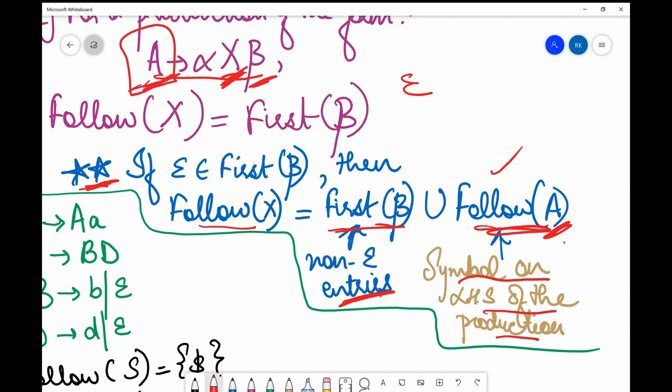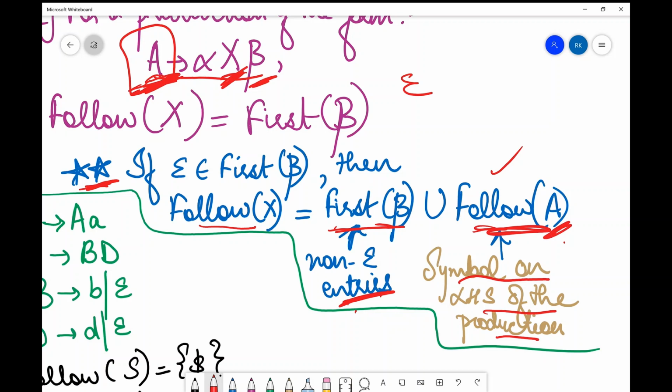It may be A, it may be B, it may be C, it may be D, and so on till X. So it is basically first of beta for all the non-epsilon entries union follow of the symbol on the left hand side of this production, which in this example is A.